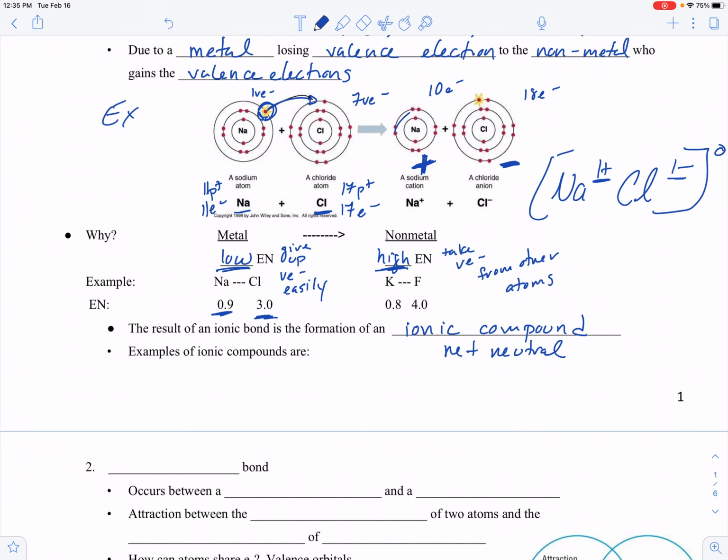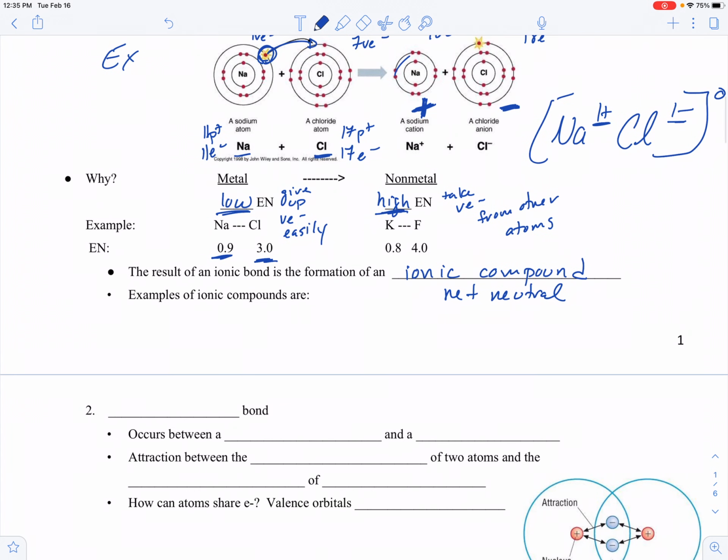So some other examples of this, off the top of my head, you've got rubidium fluoride, lithium oxide is a nice one to think about. So again, lithium makes a 1+ ion, oxygen makes a 2- ion, so they're not quite net neutral until you add in another lithium here. And so now this is a net neutral compound.